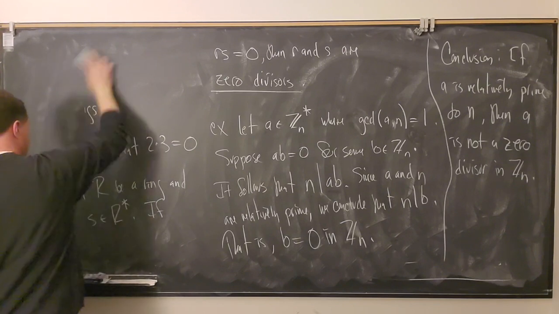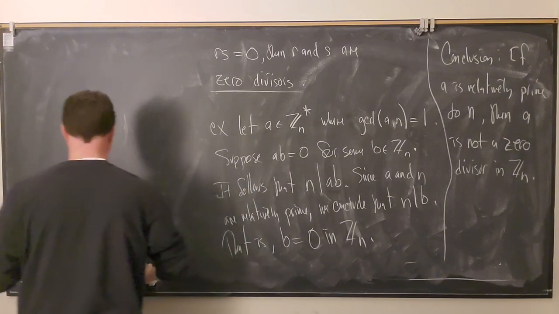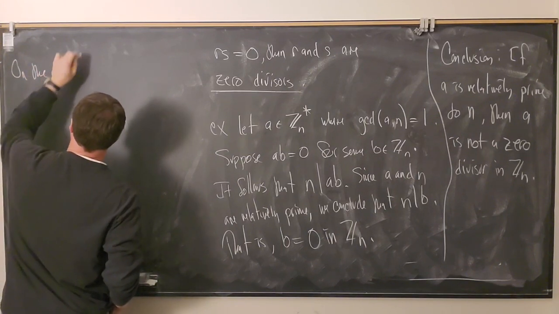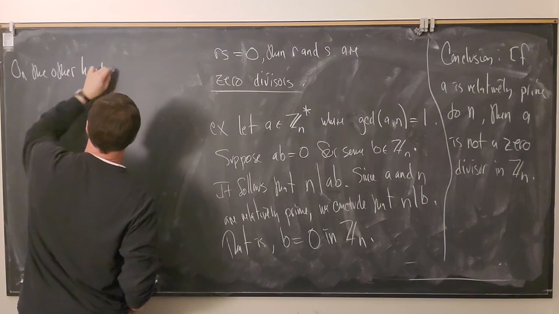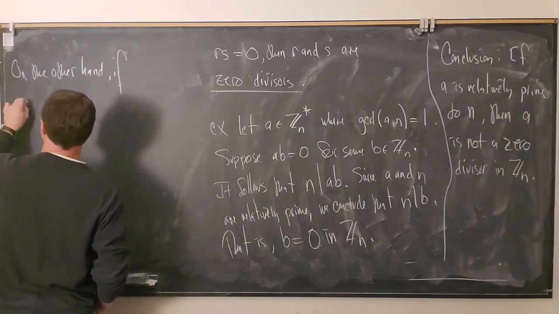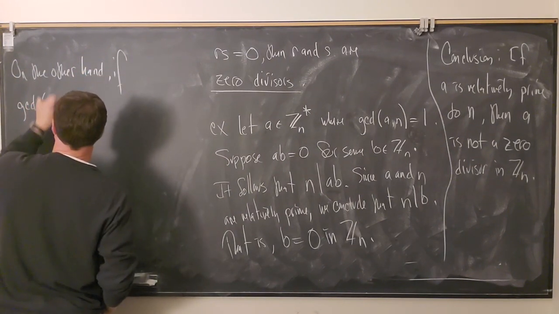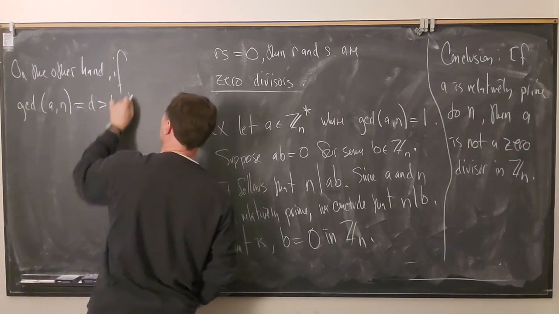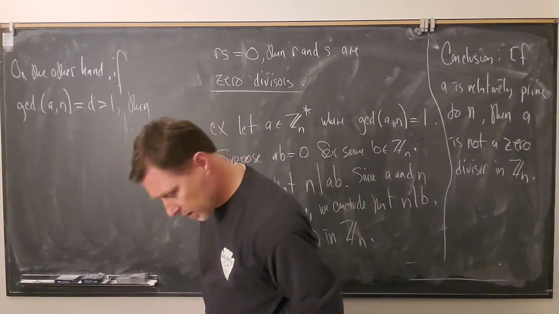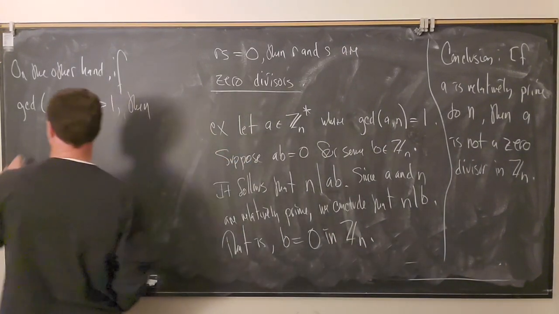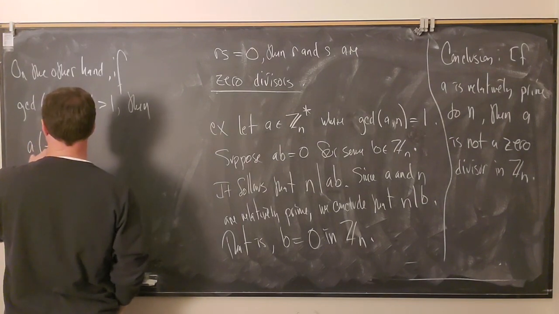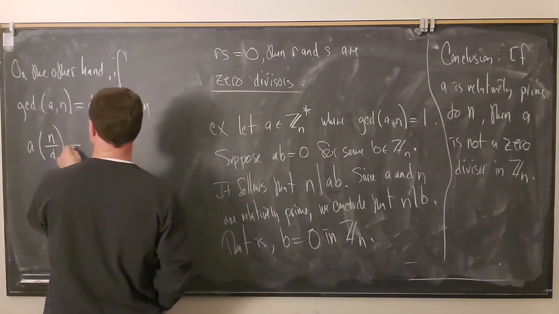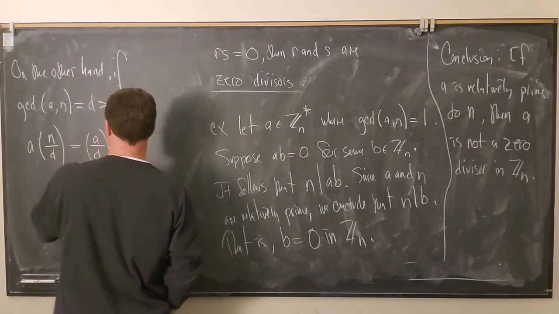On the other hand, if the GCD of A and n, let's say, is equal to D strictly greater than 1, then when I look at A times n over D, that's equal to A over D times n.